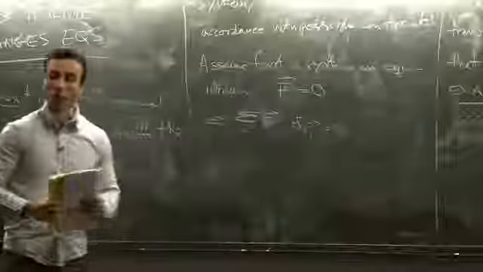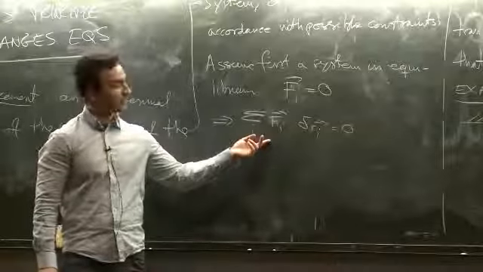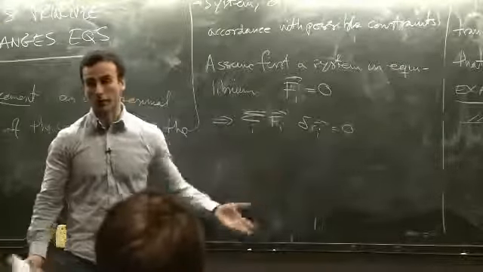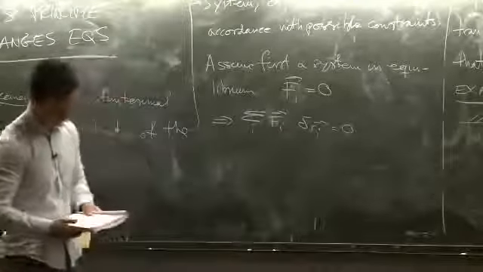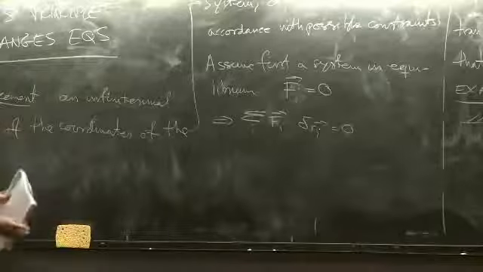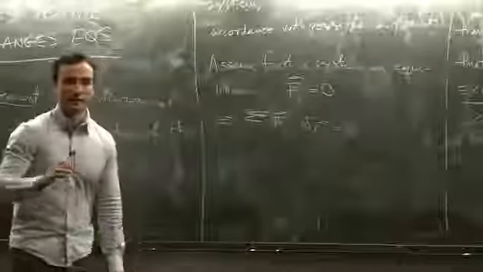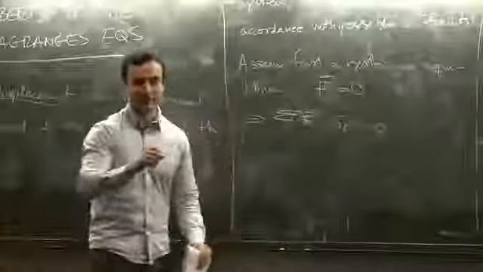And if each force is zero, then it's trivial to see that the sum of each force dotted with this virtual displacement vector also has to be zero, because each term is zero. And let me now assume that this total force Fi can be split into two parts.